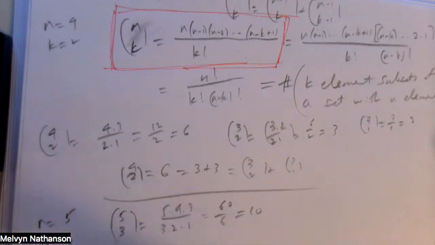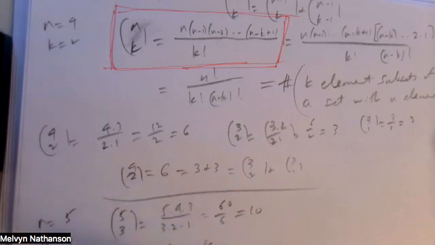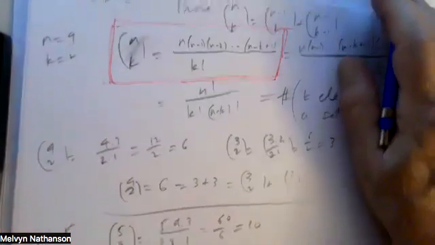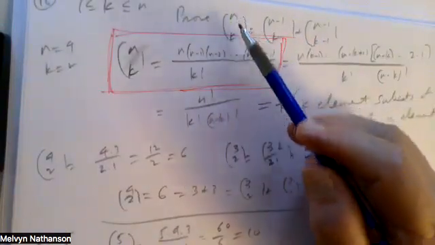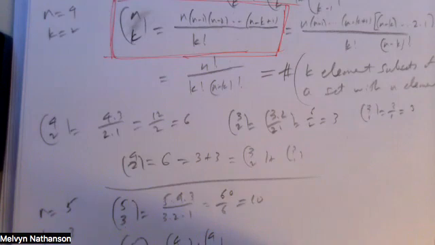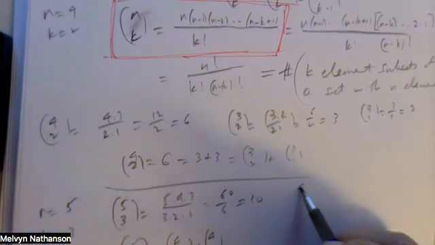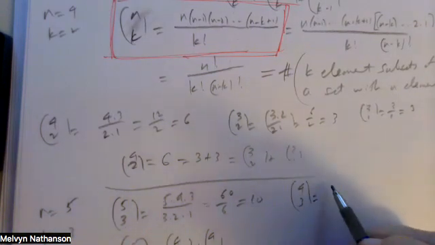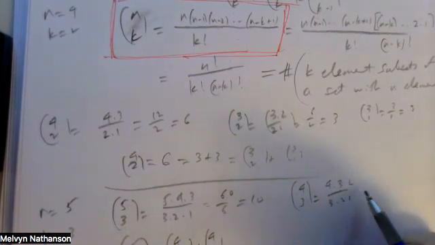Got it. And what we want to prove is that 5 choose 3 is 4 choose 3 plus 4 choose 2, right? That's what, in the case when n is 5 and k is 3, we want to show. So 5 choose 3 is 10. What is 4 choose 3? 4, 3, 2 over 3, 2, 1.